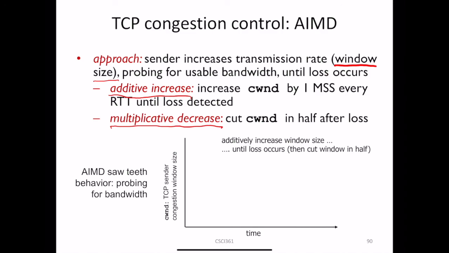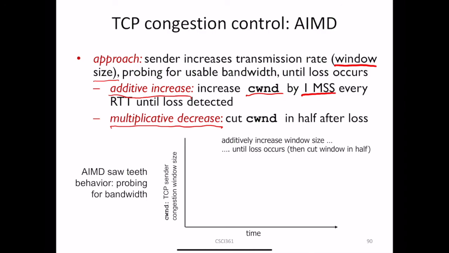For the additive increase, it just increases the CWND, which is the congestion window on the sender side, by 1 MSS. MSS is short for maximum segment size.